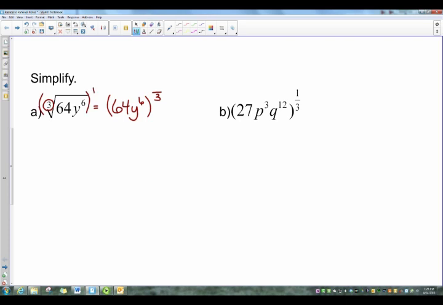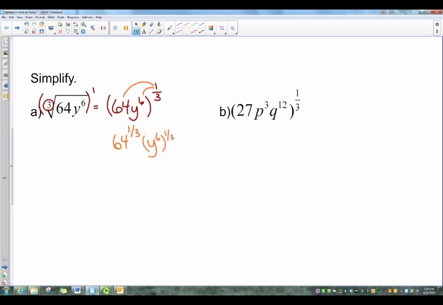Well, that could be the first power, so it's 64 to the 1/3. Now using some of our properties that we learned a few sections back, we can solve this a couple different ways. I can take and distribute this through. So I've got 64 to the 1/3, and then I have y to the 6th to the 1/3.